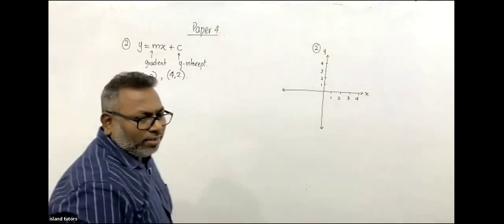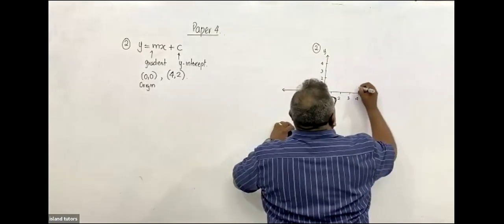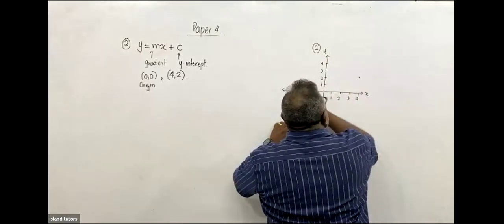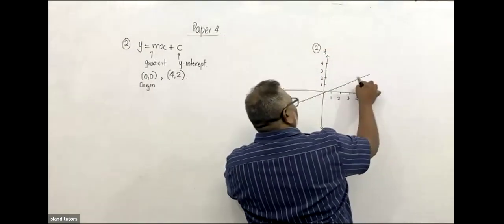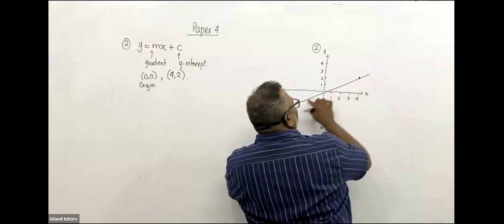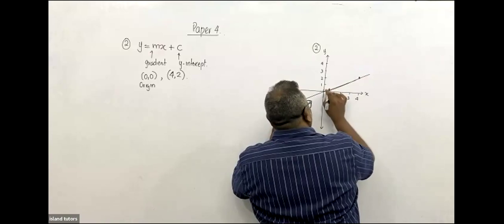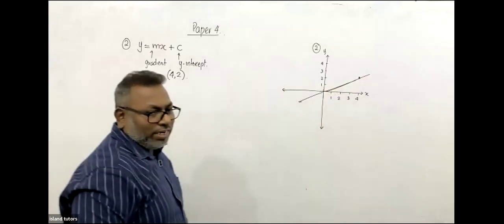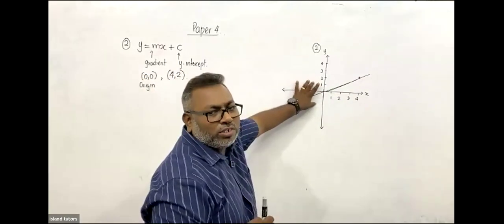So your straight line is going through your origin, that is this point, and going through this, like this. So this is your straight line going through the point 4 comma 2 and through the origin. Okay. They want you to find out what is the equation of this line.